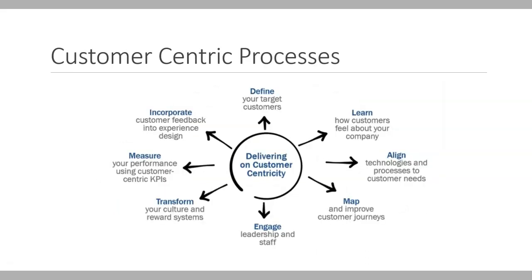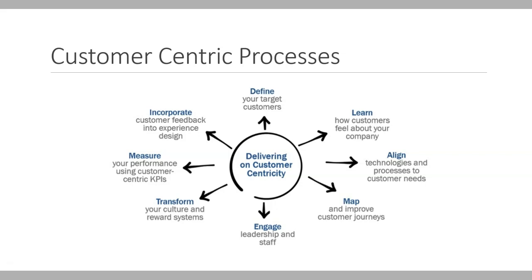And as we define it as a customer-centric process to delivering customer value, you'll find that we've incorporated customer feedback into the experience design. We've defined clearly our target customers, and we learned how our customers feel about our company. Then with that, we can align the technologies and processes.